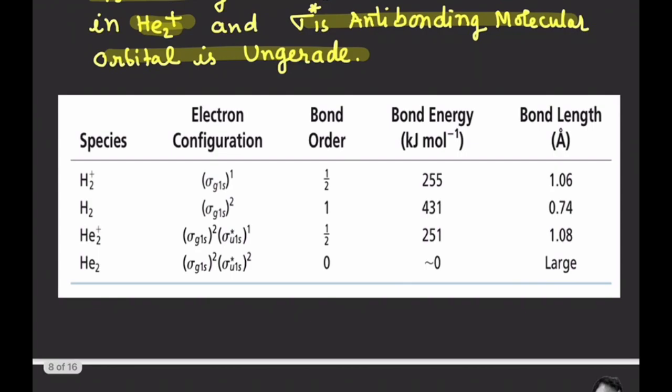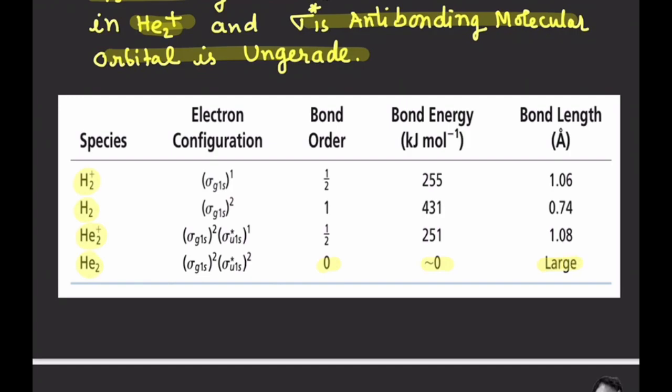So here now we can compare certain chemical species which can exist in nature. We are comparing these four chemical species which are formed by s-s linear combination of atomic orbitals. The first ion is H2 plus, then the hydrogen molecule, then the helium ion, and then the helium molecule. We know that the helium molecule does not exist, so there is no meaning of bond order, bond length and bond energy.